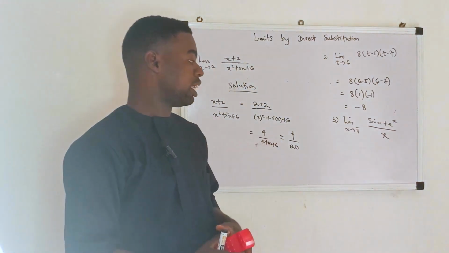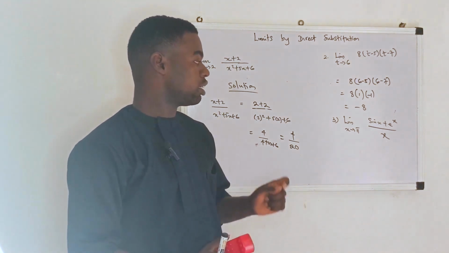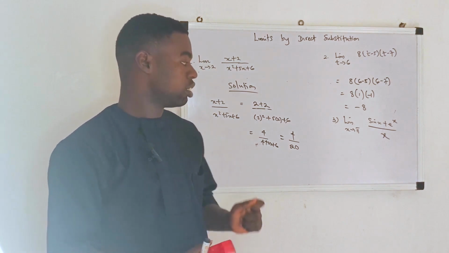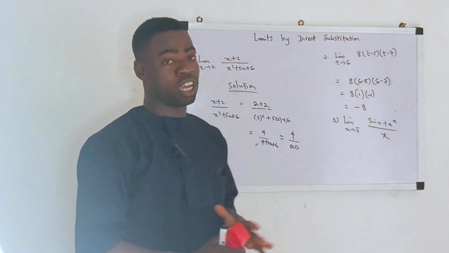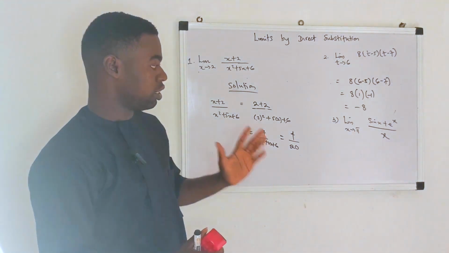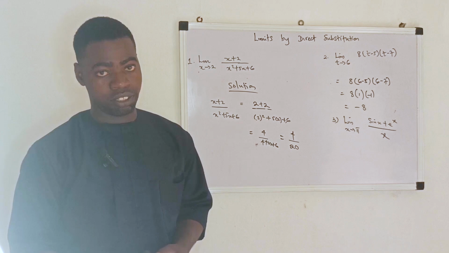This is the limit as x approaches pi for sine x plus e raised to the power of x, divided by x. In this particular question, we have special functions which are sine x and e raised to the power of x. So let's see how we evaluate the limit.